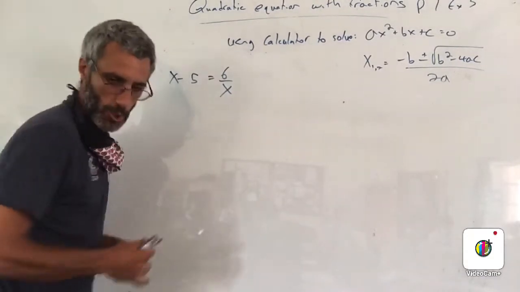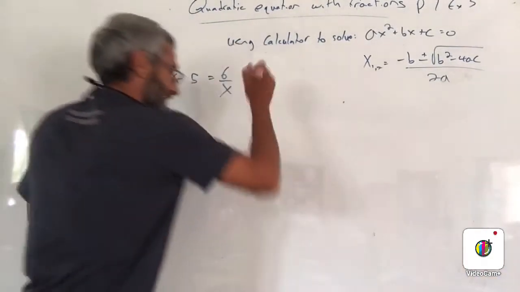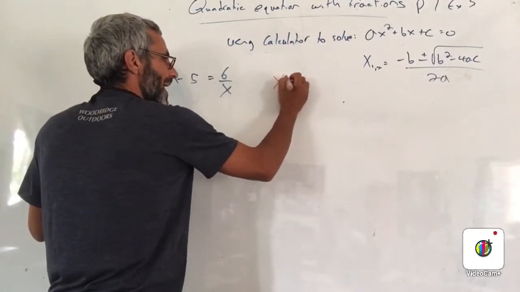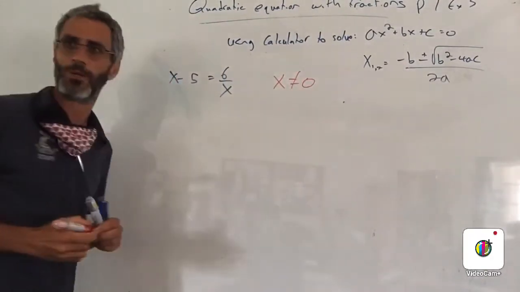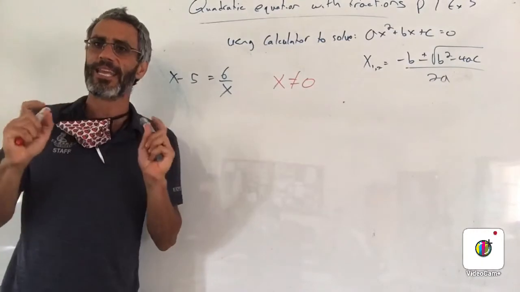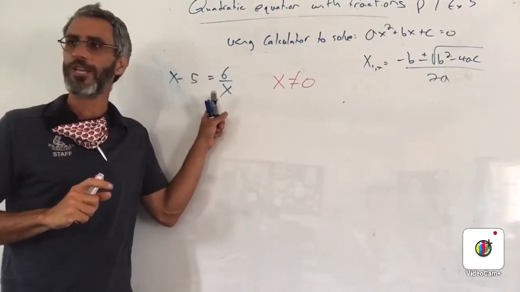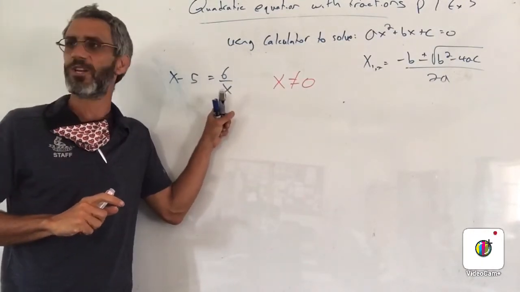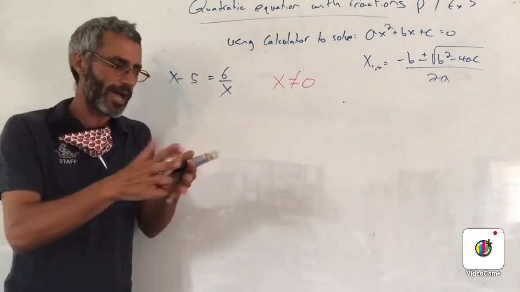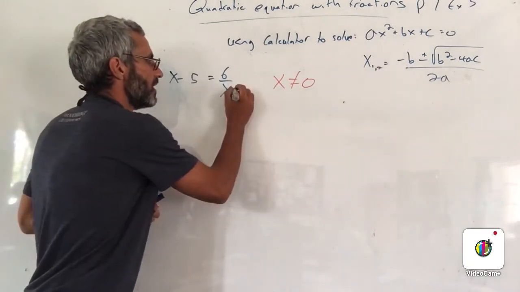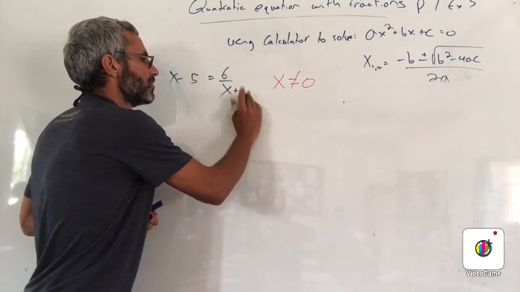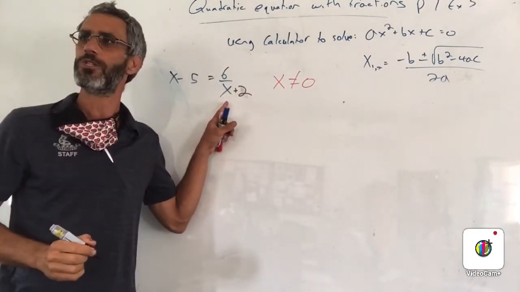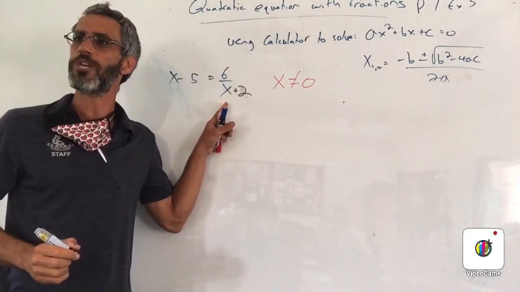So what we've got to do, and I really recommend, is writing it down next to it. Must say x must not be equal to 0. It's not that x can never be equal to 0, but in this question, if x was 0, it would be 0 in the denominator. If I had, let's say, x plus 2 instead, then what must x not be equal to?